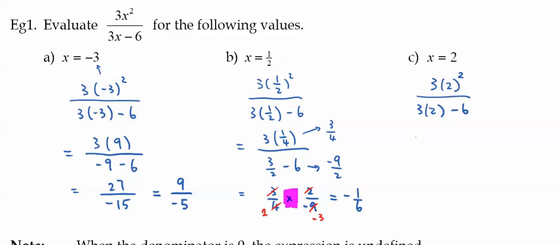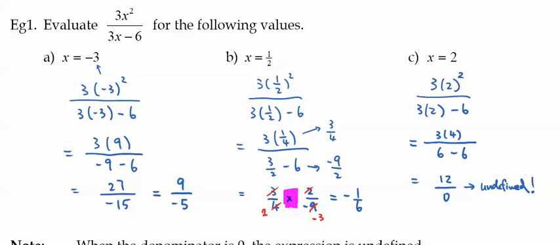There will be some problem with this expression here. 3 times 4 would give us a 12 in the numerator. But 6 minus 6 in the denominator will give us a 0. And you cannot have a 0 in the denominator. We cannot divide anything by 0. And that means you will end up with an undefined expression.